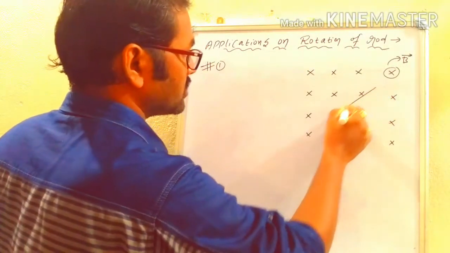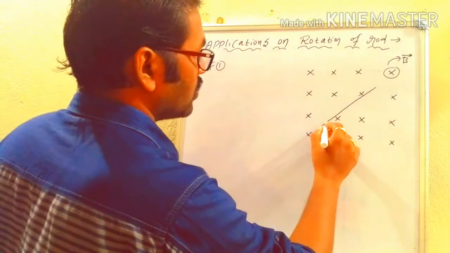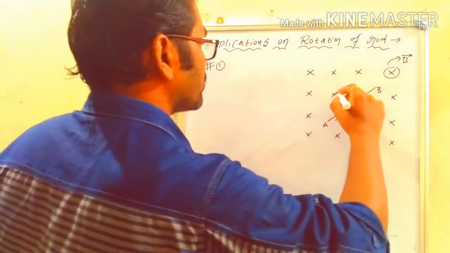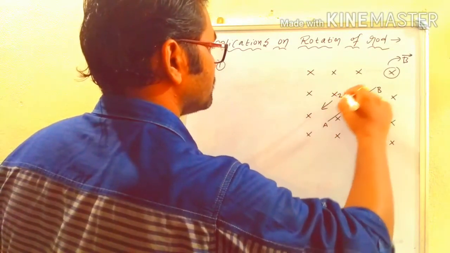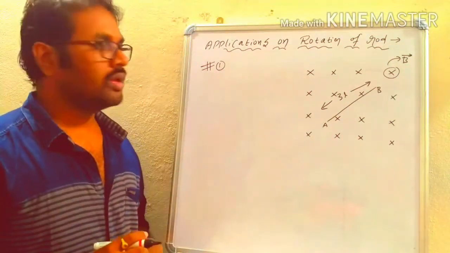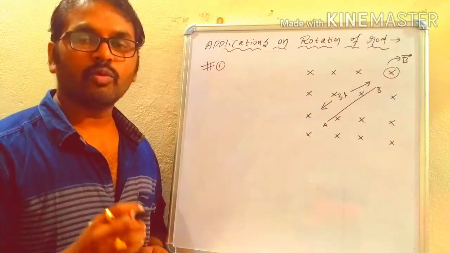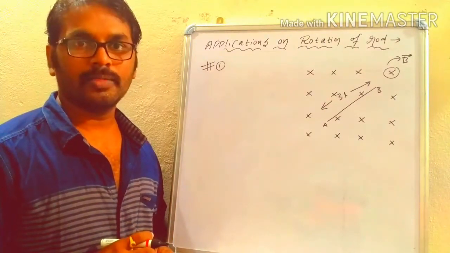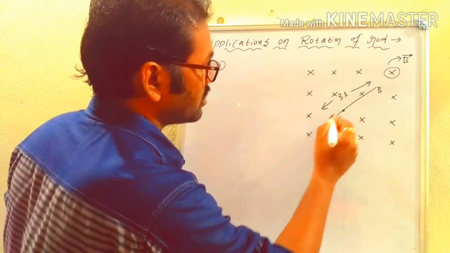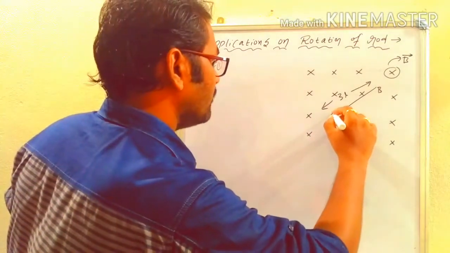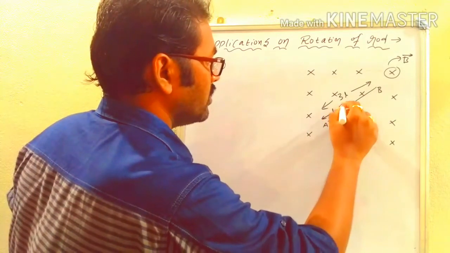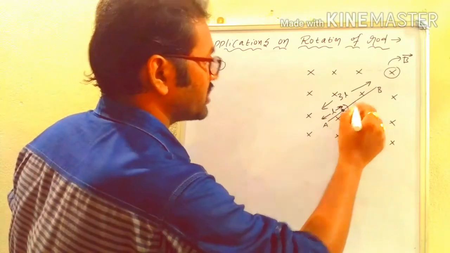This is our conductor, whose length AB I am taking as 3L. The length of the conductor is taken as 3L. Here I am taking the point of rotation of this rod somewhere else. For example, I am taking the axis of rotation at a distance L from the end A. So this is the point O where the rod is rotating with constant angular velocity omega.